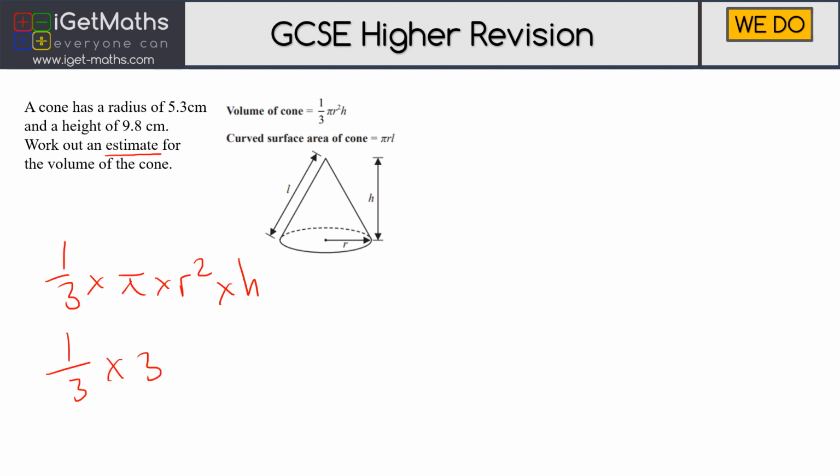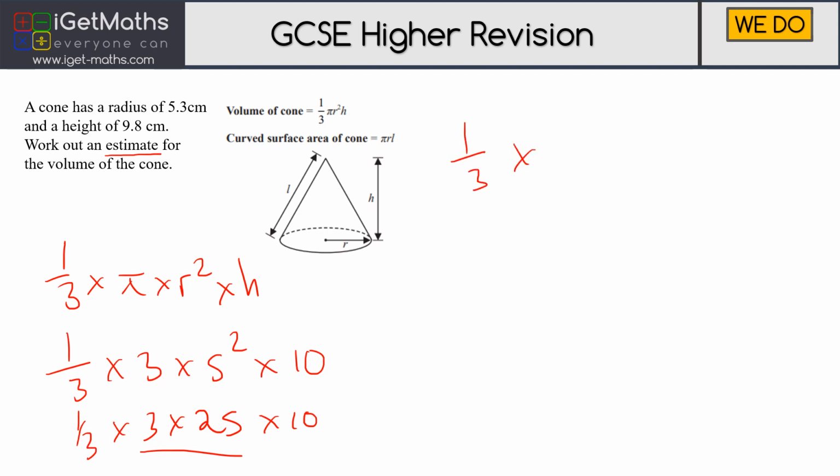R squared is the radius squared, and we're going to round that down to 5 squared, and the height of 9.8 will round up to 10. So 5 squared is quite simply 25, and then you've got a third times 3 times 25 times 10. I'll do the 3 times 25, and that gives me a third times 75 times 10.